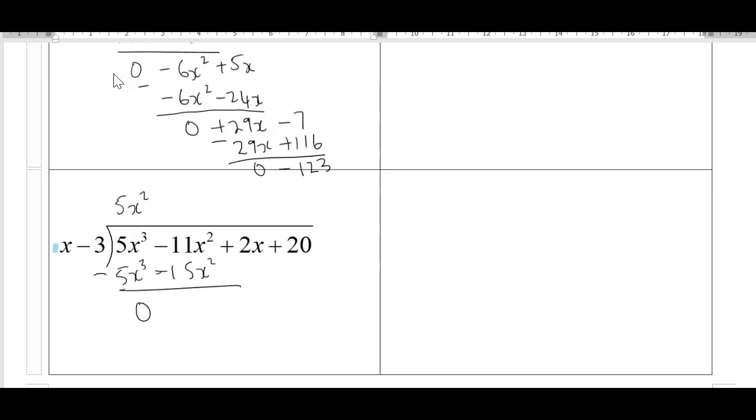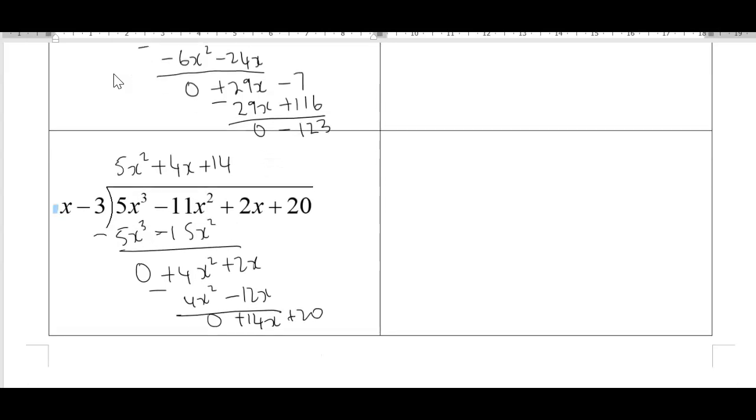All right, subtract them, plus 4x squared, so plus 4x squared minus 12x, bring that 2x down, 0, 14x, so it's going to be plus 14, bring that 20 down, and then multiply that 14 through, so 14 times x is 14x, 14 times 3, so 10 times 3 is 30, 3 times 4 is 12, so 30, 42, negative 42. So it's going to give us negative 22.